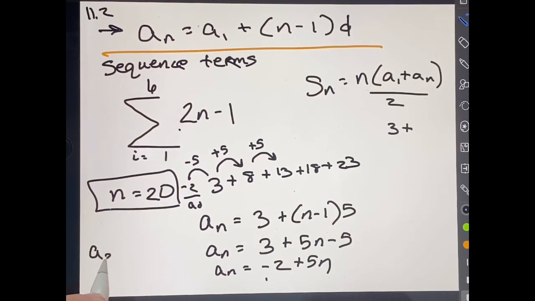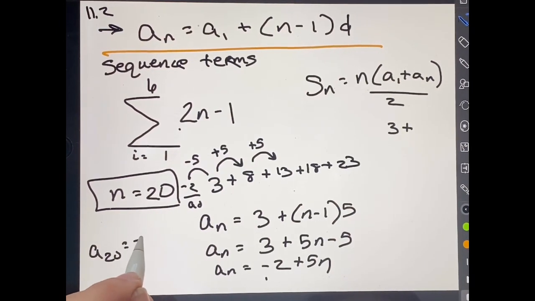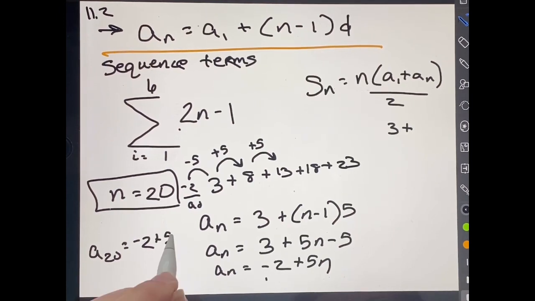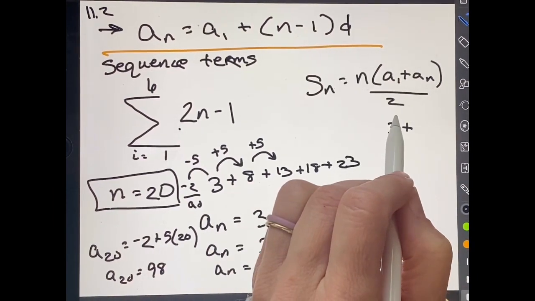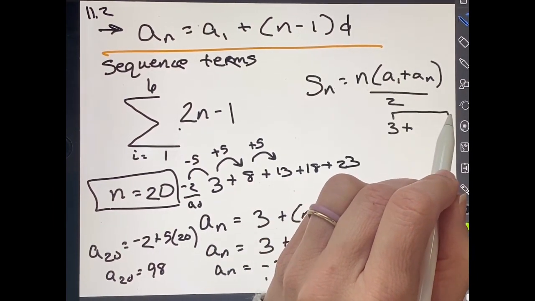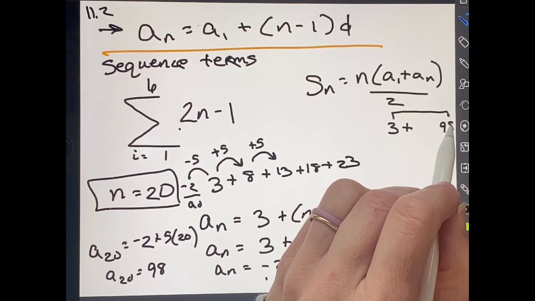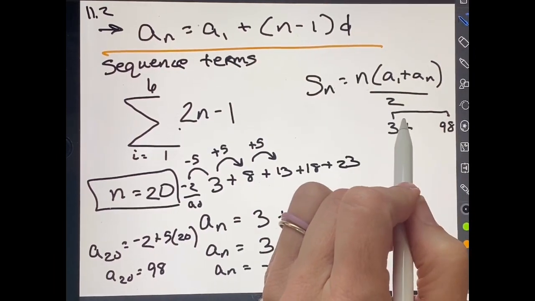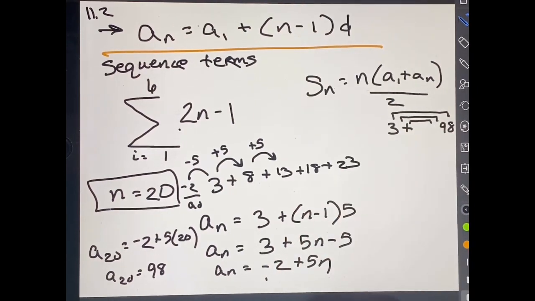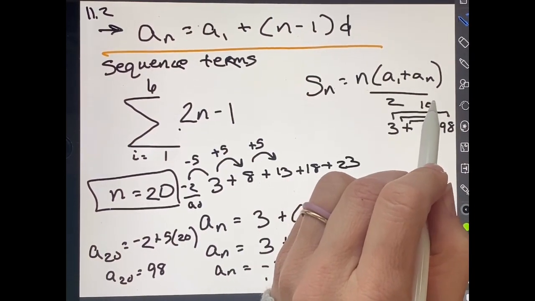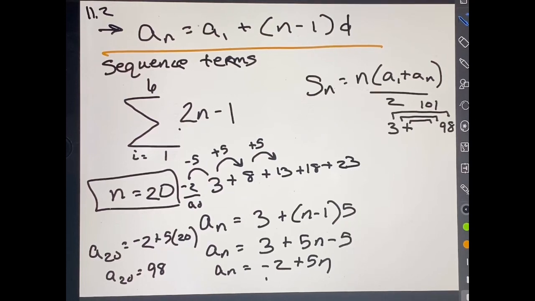So a sub 20 is going to say I start at negative 2 and I go 20 times 5. 5 times 20 is 100. 100 minus 2 gives me 98. So my last term is 98. So if I was pairing, 3 would be paired all the way down here with the value 98. And that tells me that every single pair all the way through would add up to 101.